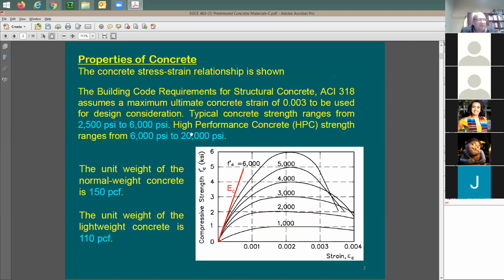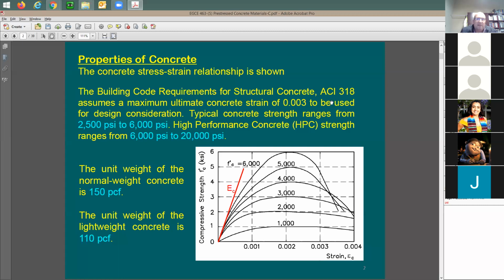How about this concrete strength when it goes from 6,000 to 20,000? Are we covered by code? I'm going to say yes, we are covered by code, but it's not going to be the ACI 318, it's going to be different ACI documents or codes that cover high strength concrete.